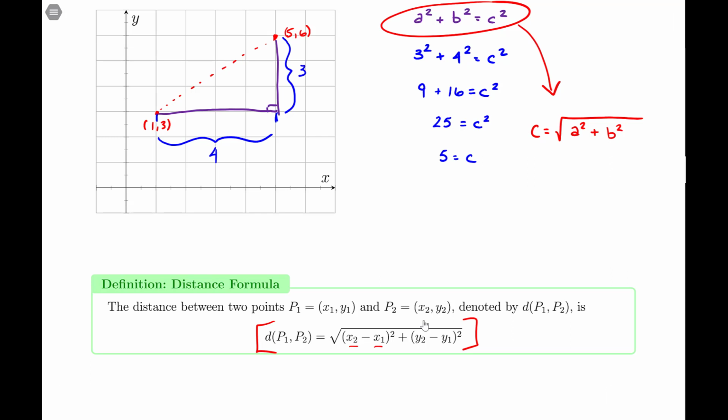That is going to be 5 minus 1 in the case up here, which is equal to 4. And then in the case of the y values, it's y sub 2, which is going to be 6, minus y sub 1, in this case, which is 3, sorry.